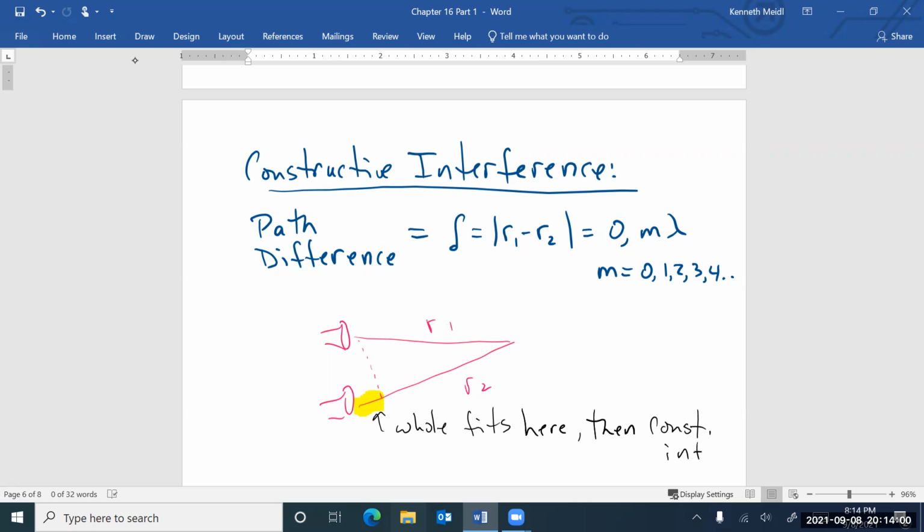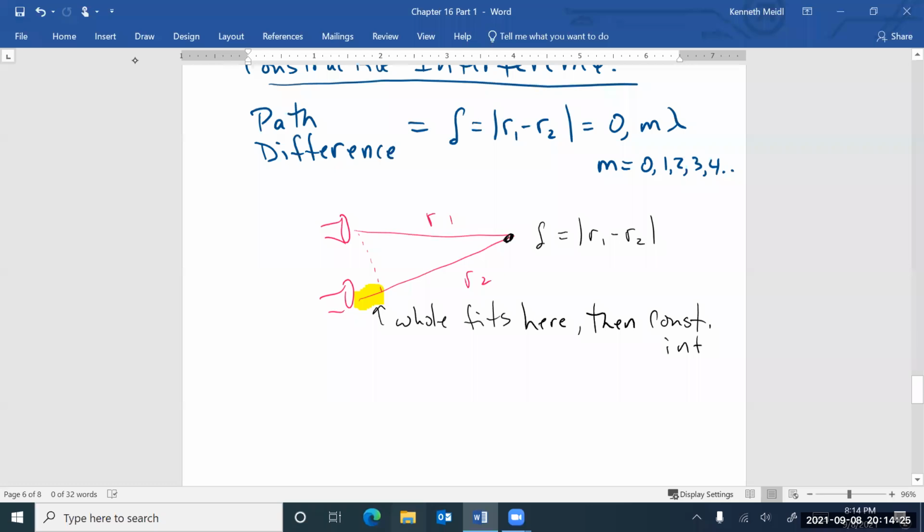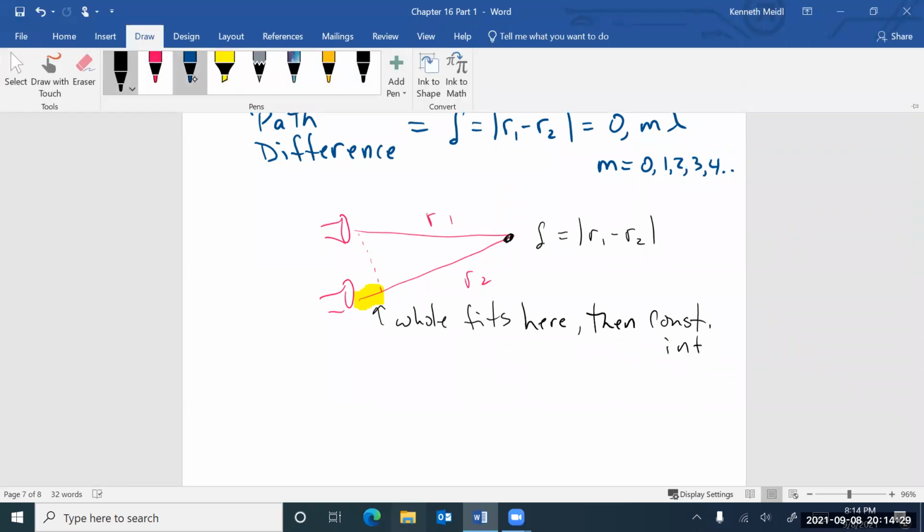So the path difference, delta, is just the difference of those two numbers. We put absolute values there because we don't care about the minus sign; we just throw it away. One of them is longer than the other one, and we just want to know that difference. If a whole number of waves can fit there, then they're going to arrive at this location in sync. And that's the condition you are really looking for here.